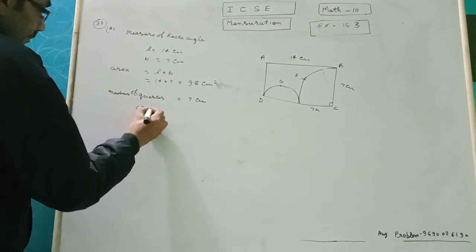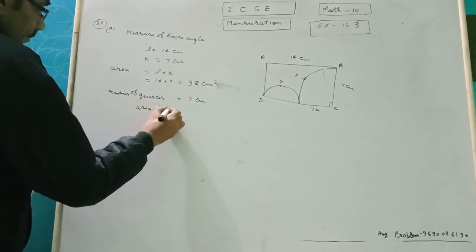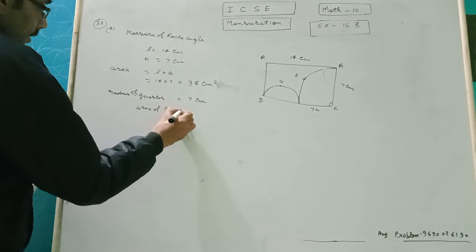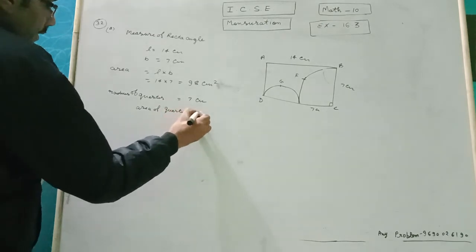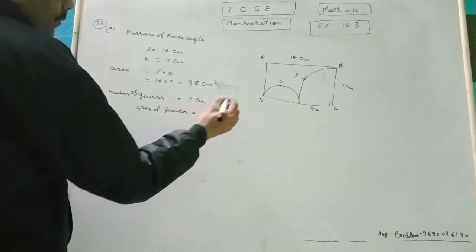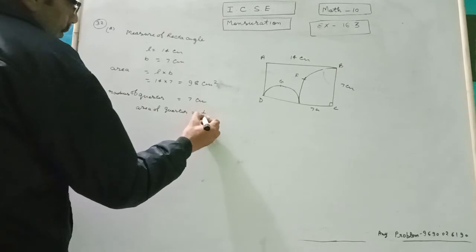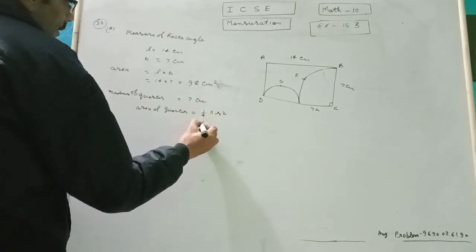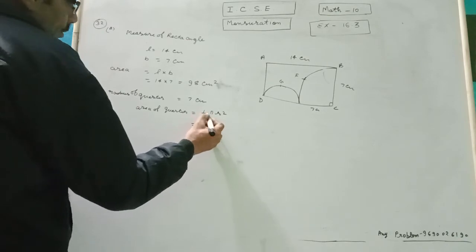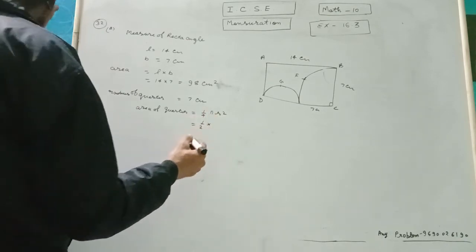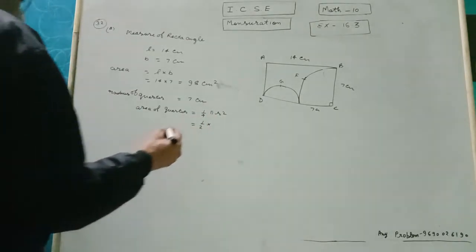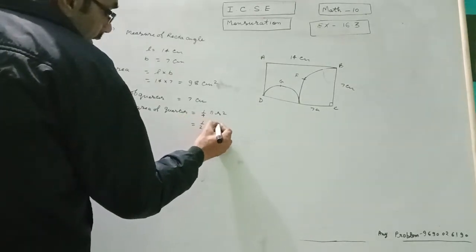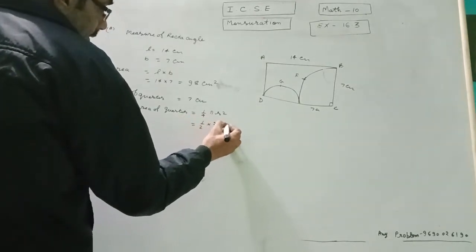Area of quarter is equal to 1/4 pi r square. 1/4 into pi is equal to 22/7.